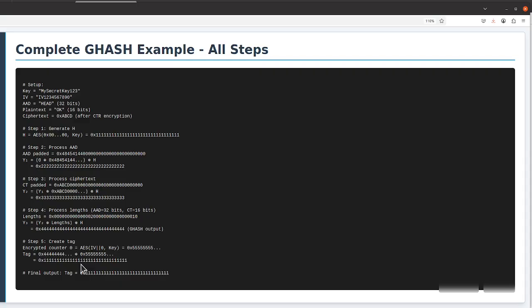Step 4. Process lengths block. AAD is 32 bits. Ciphertext is 16 bits. The lengths block is 0x00...10.